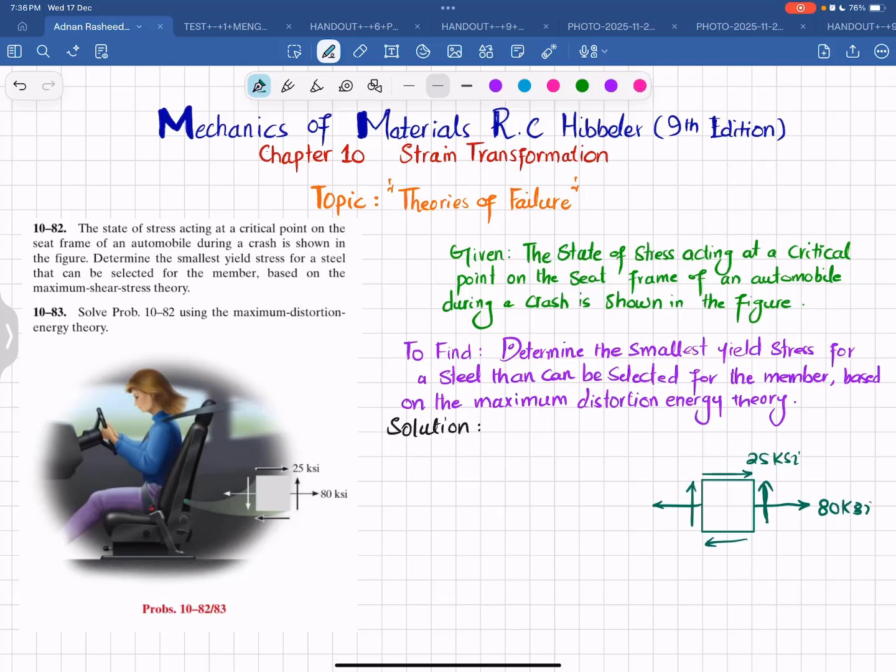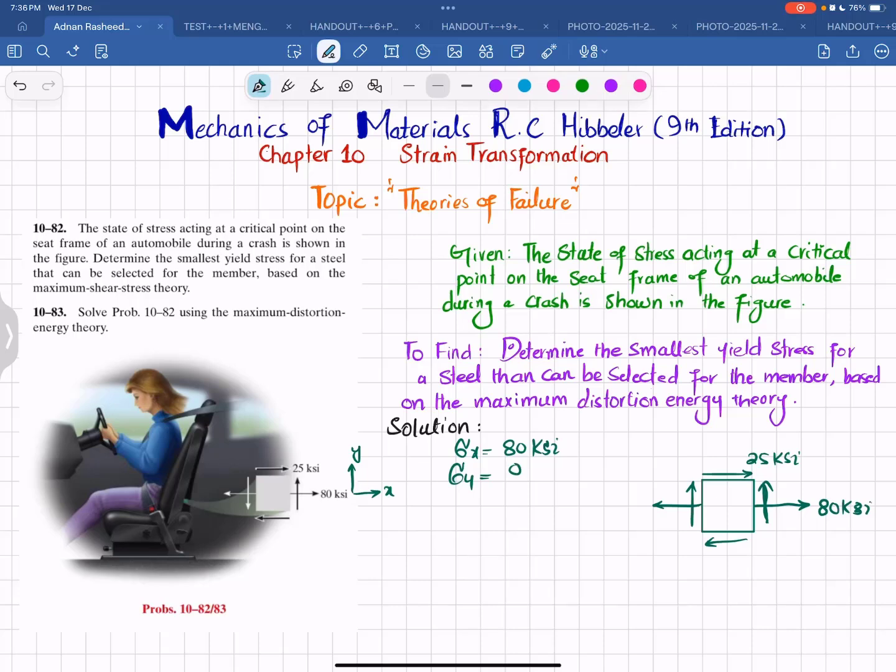If you take this axis as the x-axis and this as the y-axis, this plane is perpendicular to the x-axis, so this will be the x plane and the direction is in the x direction, so this will be sigma x. So sigma x is equal to 80 ksi. Now this plane is perpendicular to the y-axis and there is no stress perpendicular to it, so sigma y is equal to 0.